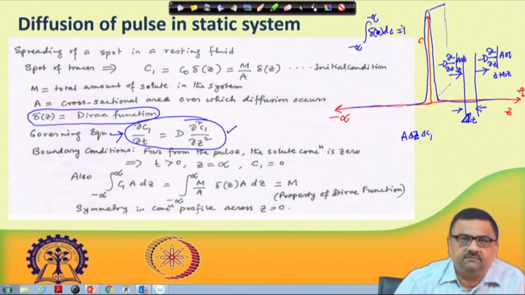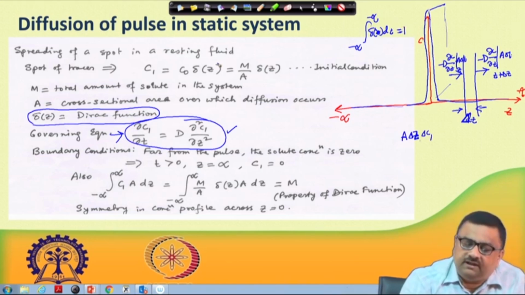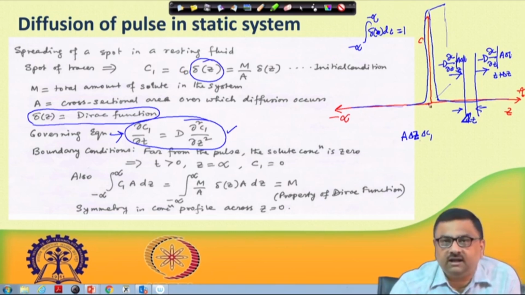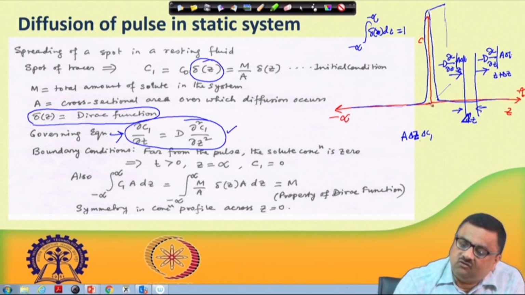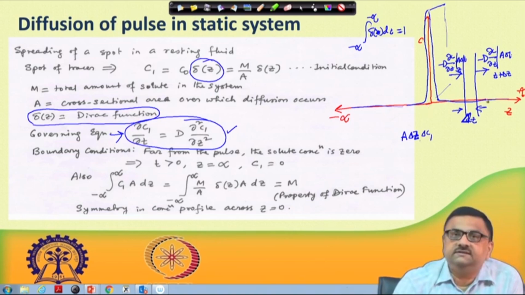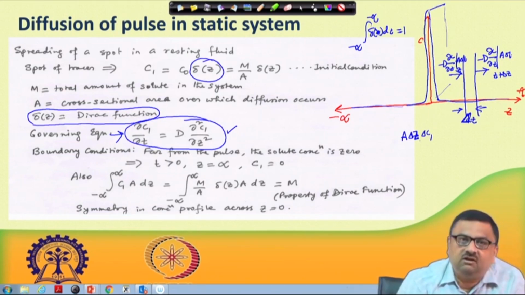This is another property of the Dirac function. So the Dirac function means I have a spot of dye placed here, with concentration infinity at z equal to 0 and concentration 0 everywhere else. And now this process starts as per the governing equation.